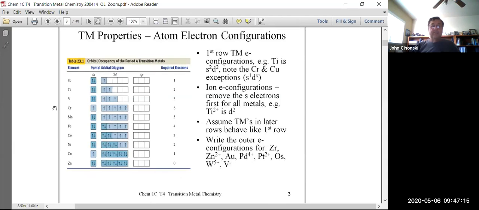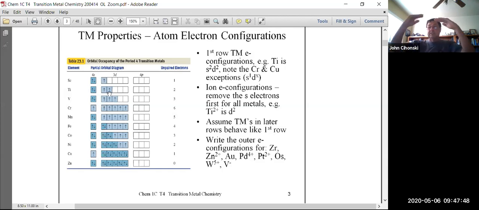Okay, now, if we look at something like titanium, since that's our example, and we want to know what the titanium 2+ electron configuration would look like. What would we see? Well, we look over here at titanium for the row, and these are all of the outer electrons. That's all we need to worry about, right? Now, we have 2 s electrons and 2 d electrons.